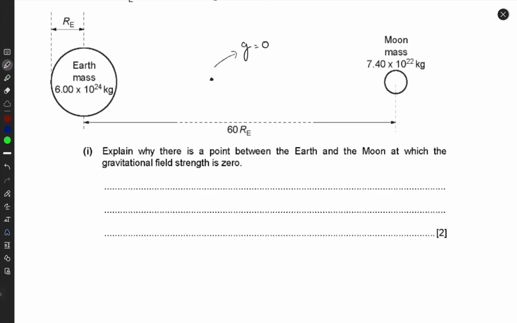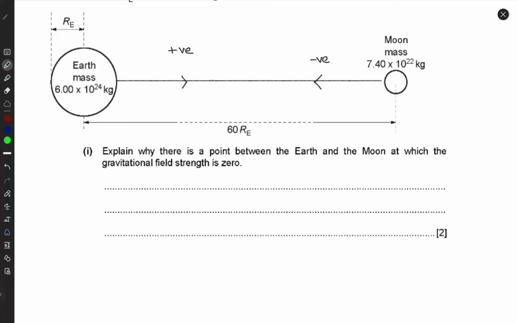Now, yes, you can talk in terms of forces as well. If you look at the vector pointing from the Earth to the moon, and I draw this line, the force is attractive. So the vectors would be pointing in these directions, right? Because the forces, or you could also talk in terms of gravitational field strength, are in opposite directions, when you add these two, this would be a positive thing and this would be a negative thing.